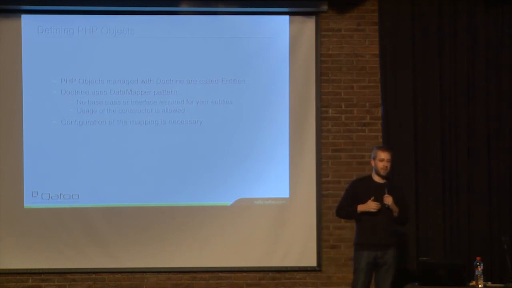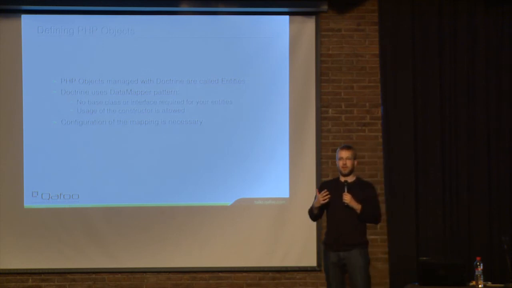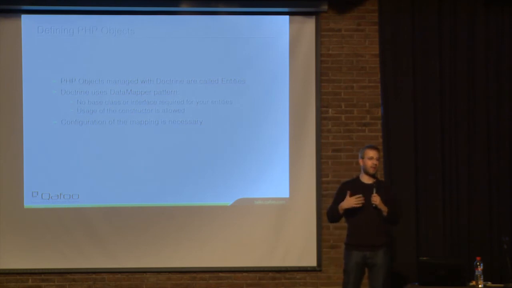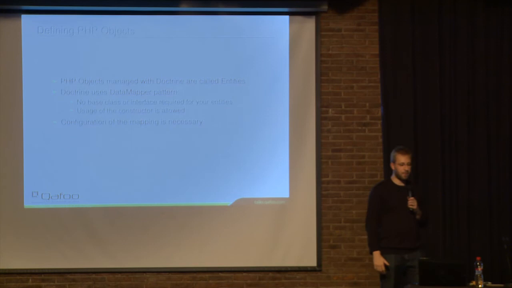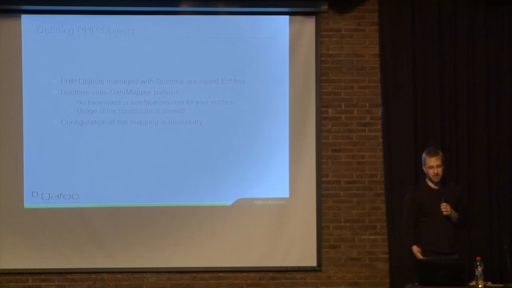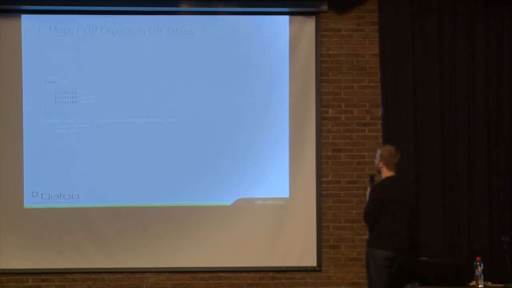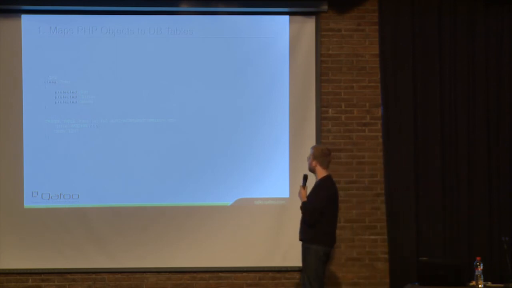And this requires some kind of configuration for all the projects. And you have to do this kind of configuration when you use an object relational mapper that is generic, such as Doctrine.